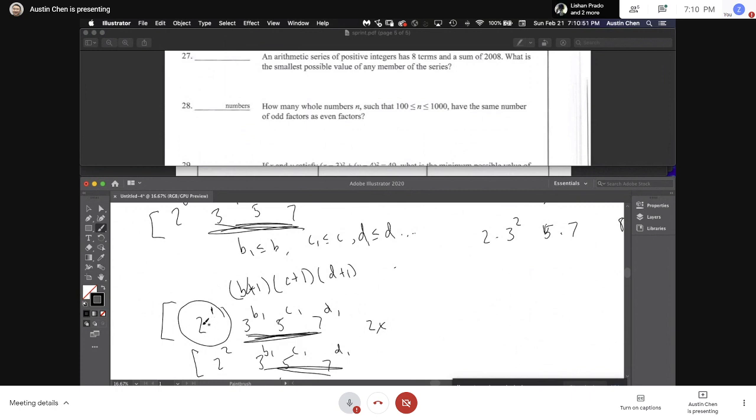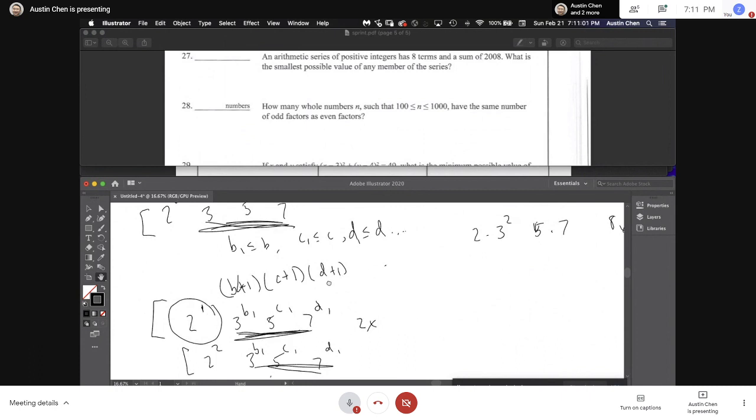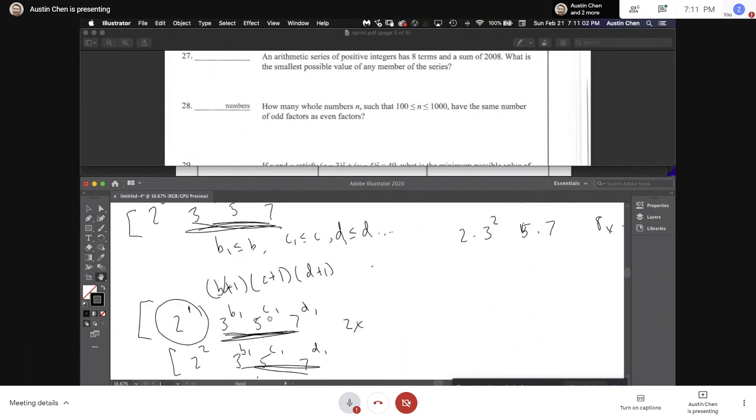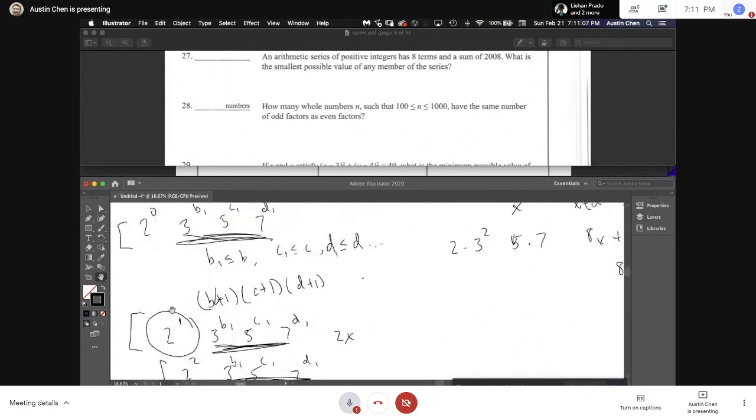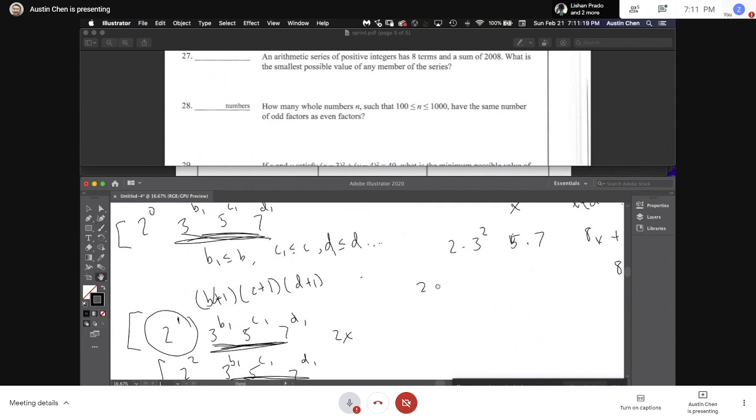That means our initial prime factorization has one factor of 2, so that we can't put any more 2's into this. So then, in conclusion, for our n to have the same number of odd as even factors, we must have one and only one 2 in its prime factorization.